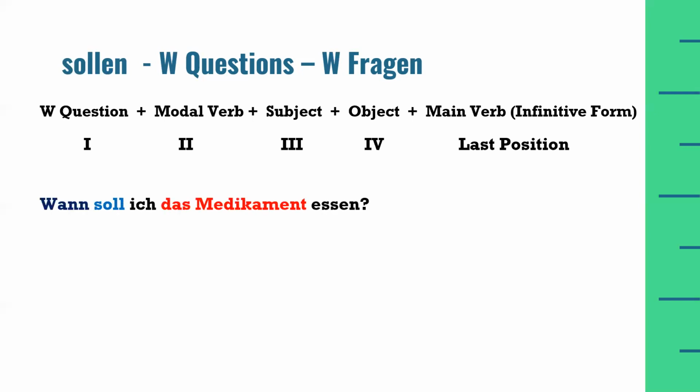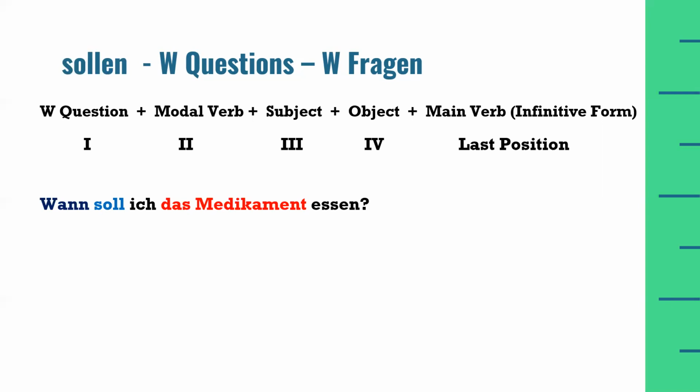Now let's look at the examples. Wann soll ich das Medikament essen? When should I take the medicine? Now if we look at the sentence structure, one is the W question word, which comes at the first position. Soll is the modal verb, which comes at the second position, and it is conjugated according to the subject ich, which is at the third position.